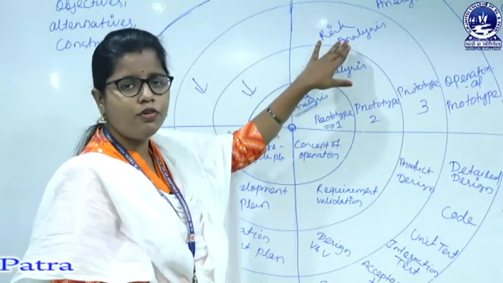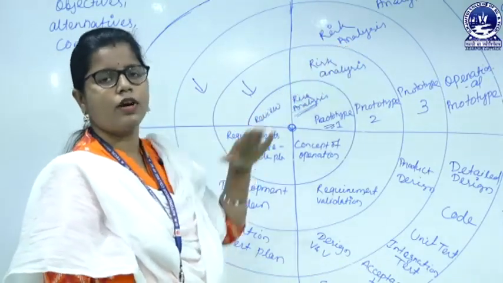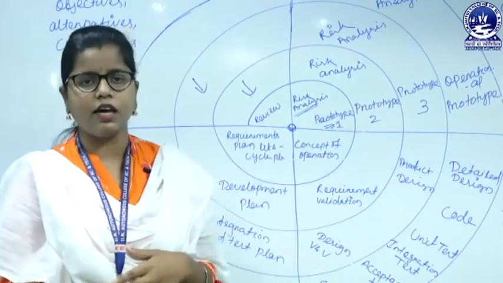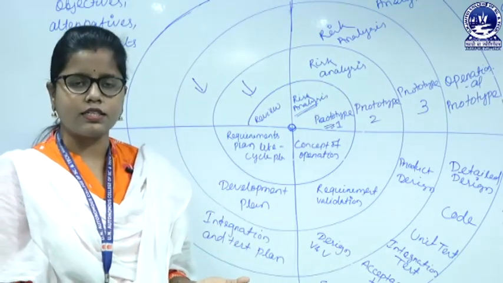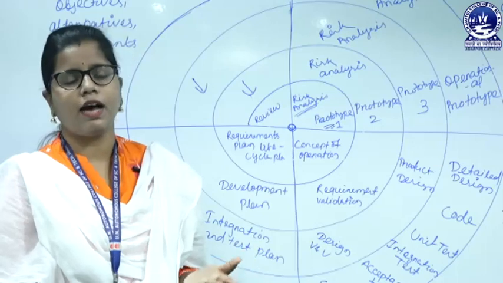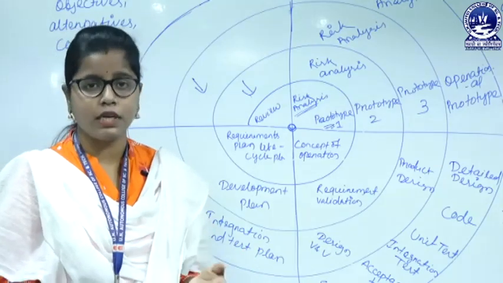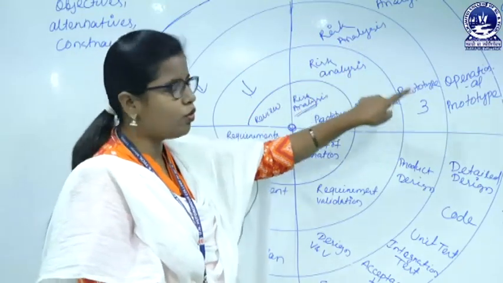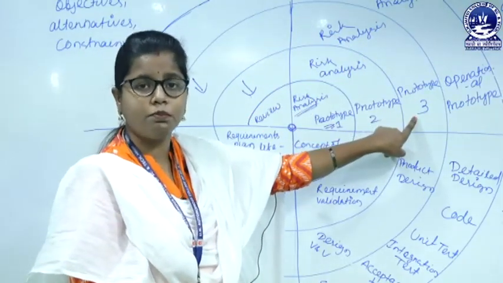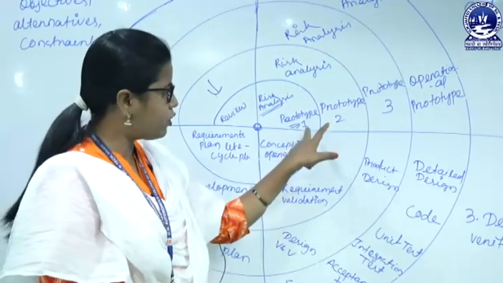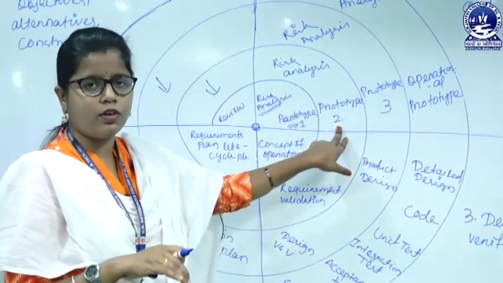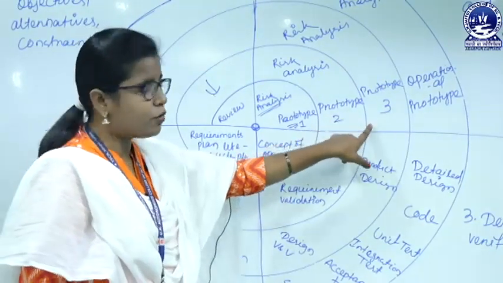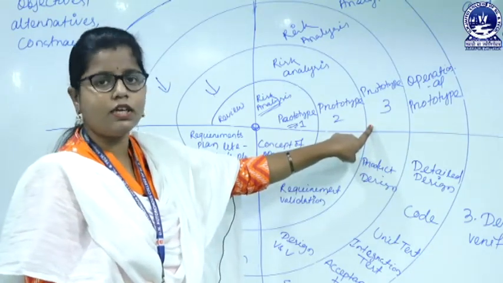There we have to analyze the risk. Whatever alternatives we have, we will analyze the risk. That means which alternative has no risk or has some minimal risk. Then after getting that alternative, we will go for developing prototype 3. Prototype 1 and 2 have been developed for requirements. Then prototype 3 will be developed for the design.